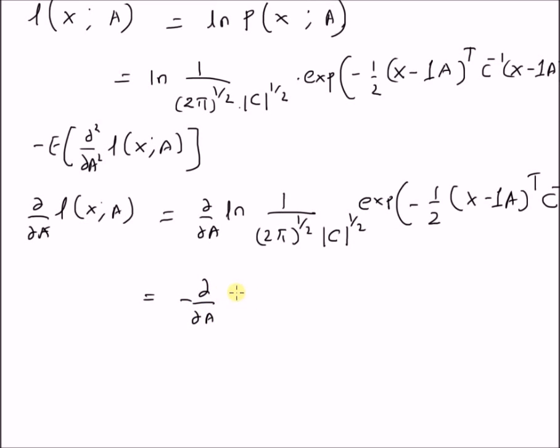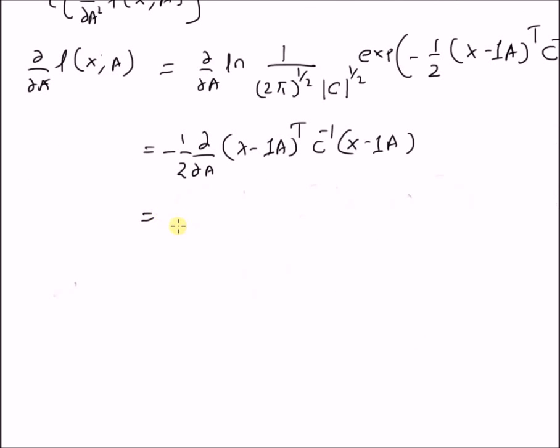which is minus 1/2 times the derivative of (x minus 1A) transpose C inverse (x minus 1A). The derivative of x transpose C inverse x is 0, and the derivative of x transpose C inverse times minus vector 1 multiplied by A is minus x transpose C inverse 1.